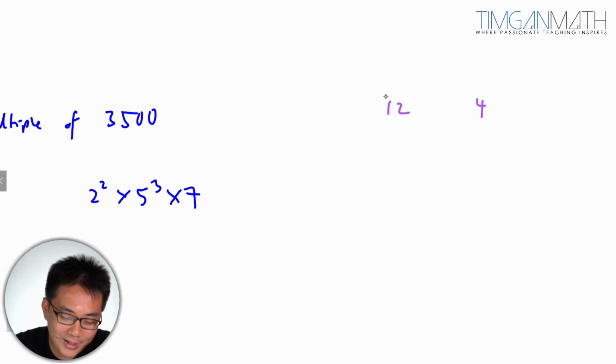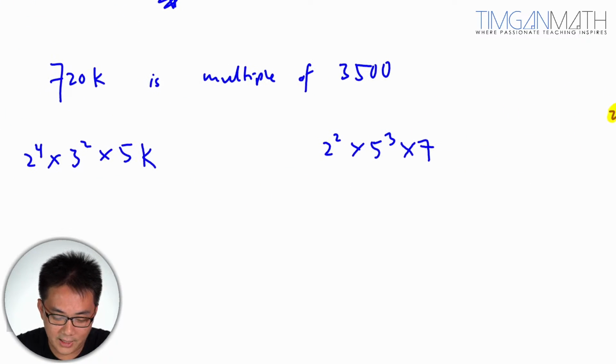So 12 is actually 2 squared times 3, and 4 is actually 2 squared. So in order for 12 to be a multiple of 4, you realize that 12 contains 4 in its prime factorized form. That's the idea there, right?